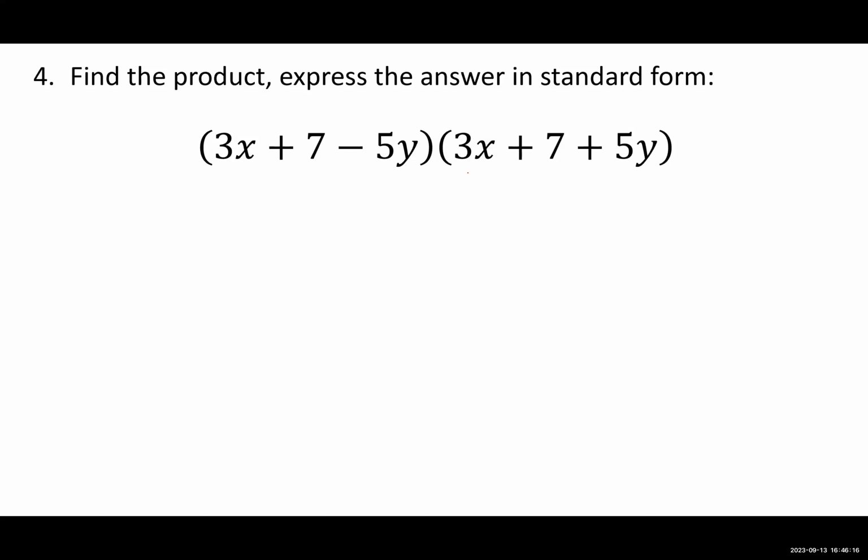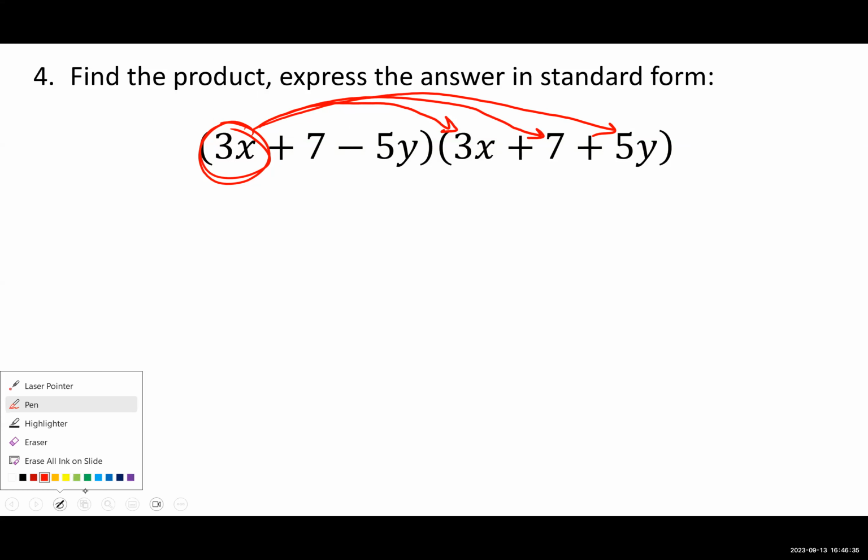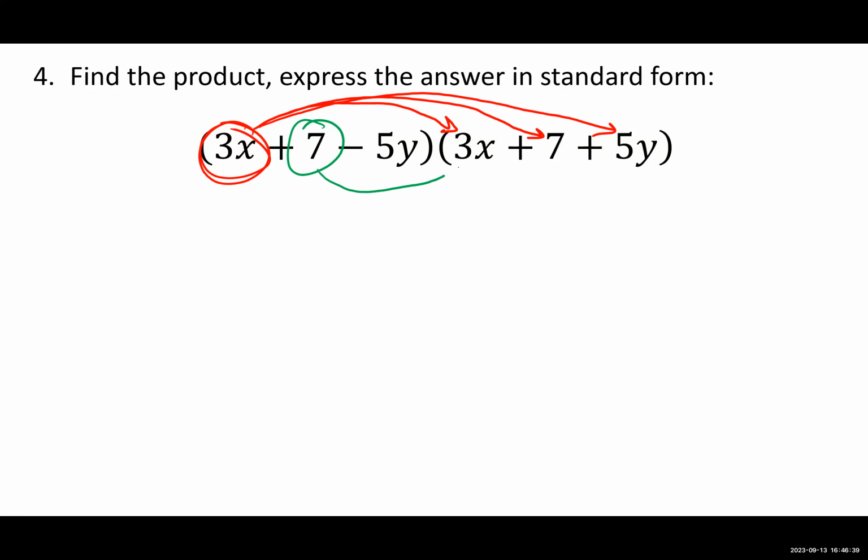So what that means is this 3x, the one I just circled, that's got to hit the 3x, the 7, and the 5y. Right? Then the 7 has to also hit the 3x, the 7, and the 5y.